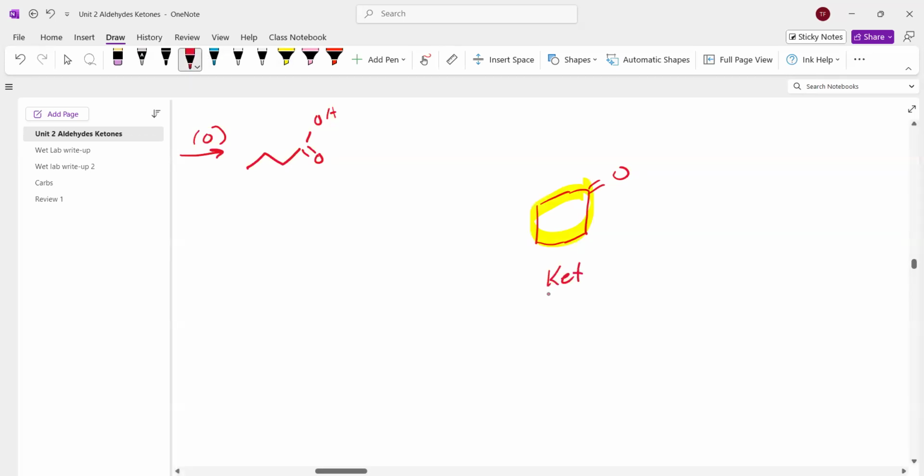And how do you make ketones? Now, this is a Unit 1 question. How do you make a ketone? You oxidize it? I'm sorry?